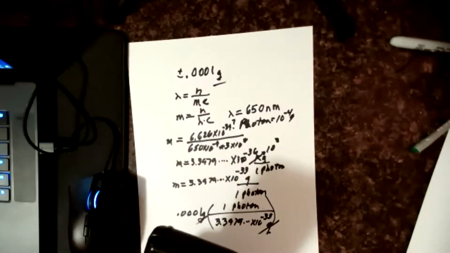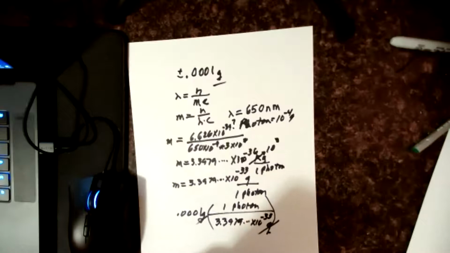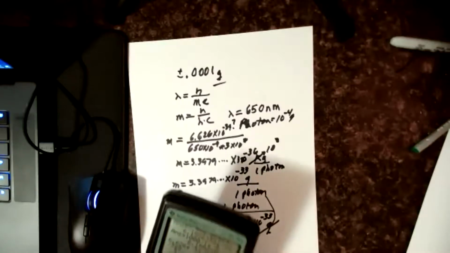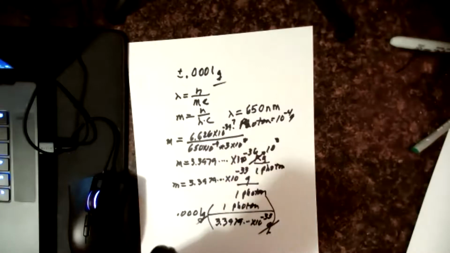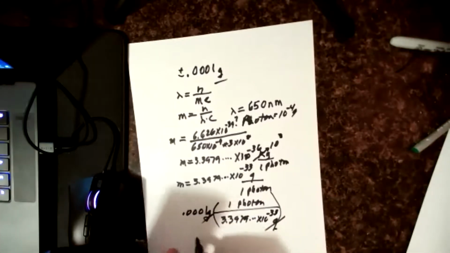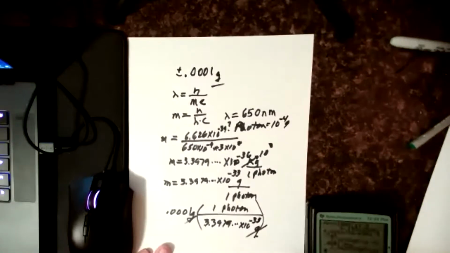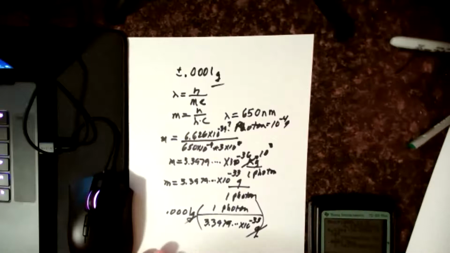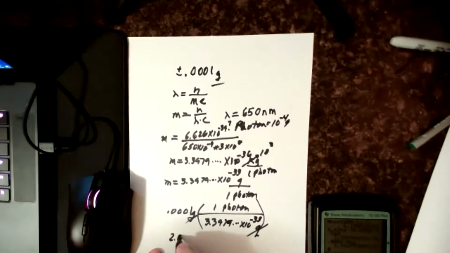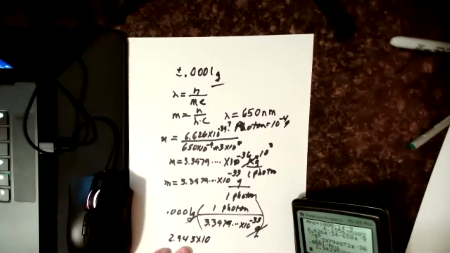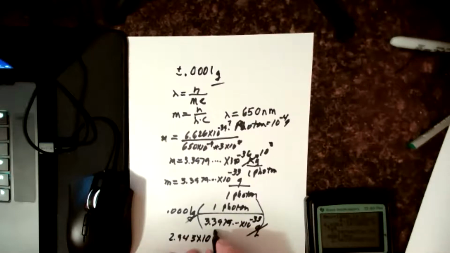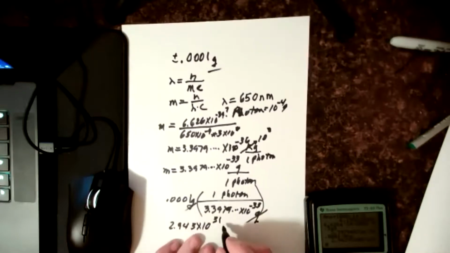So I take 0.0001, divide by my answer, and I'm coming out with 2.943 times 10 to the 31st photons.